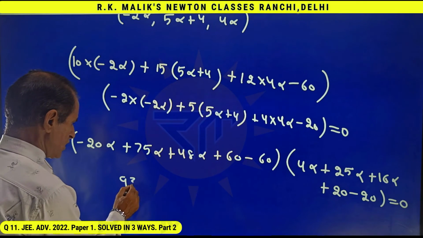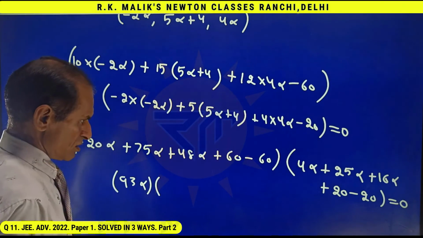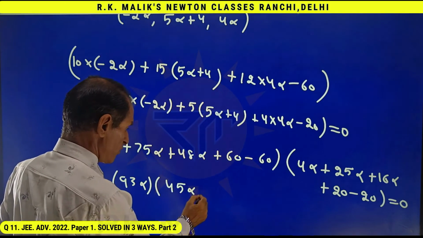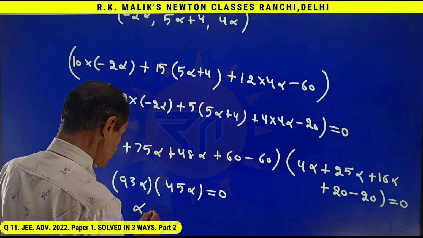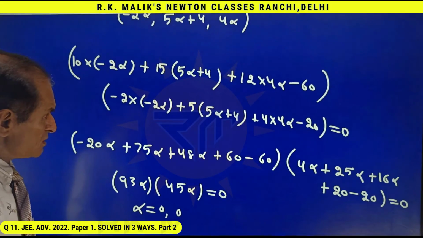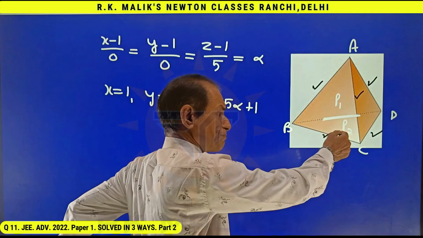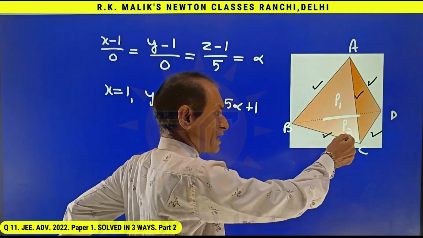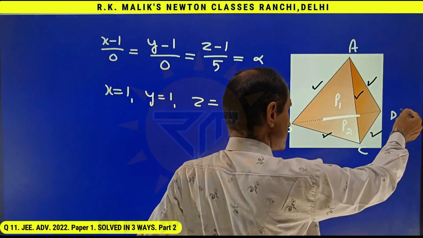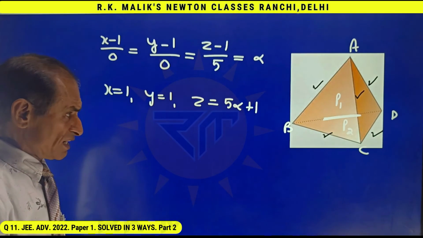That is 93 alpha into 45 alpha equal to 0. That is, both have given the same value alpha equal to 0 and 0. It means this line is cutting both the planes P1 and P2 at the same point, which will mean that this line is cutting the edge BD. Hence, this line cannot be an edge of the tetrahedron.